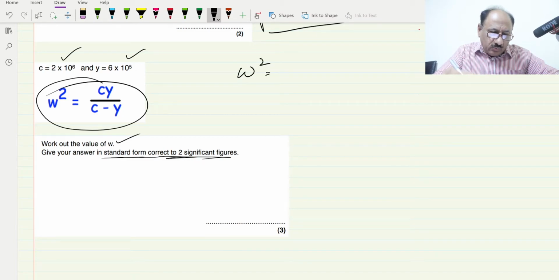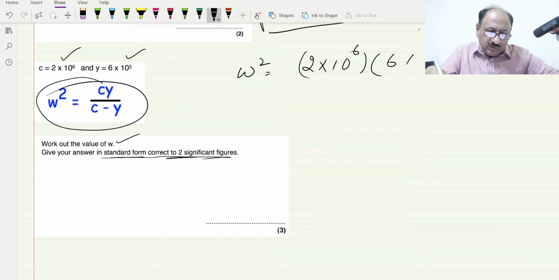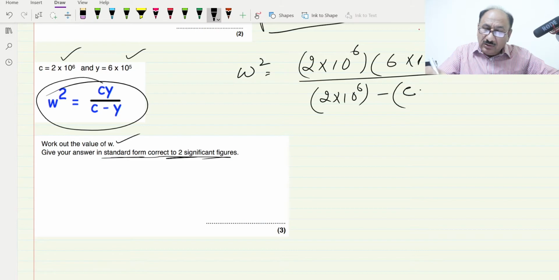W square is equal to C, which is 2 into 10 raised to the power 6, and y is 6 into 10 raised to the power 5. So after replacing values, the denominator has C value 2 into 10 raised to the power 6, minus y value 6 into 10 raised to power 5. This is how we can solve this.